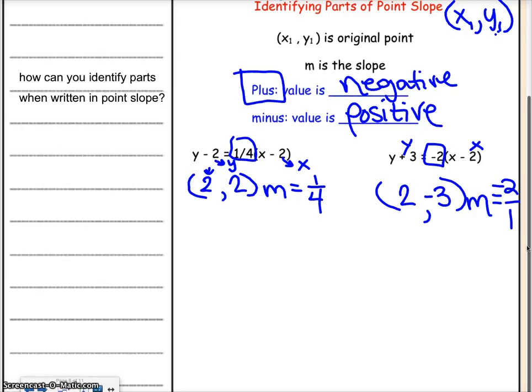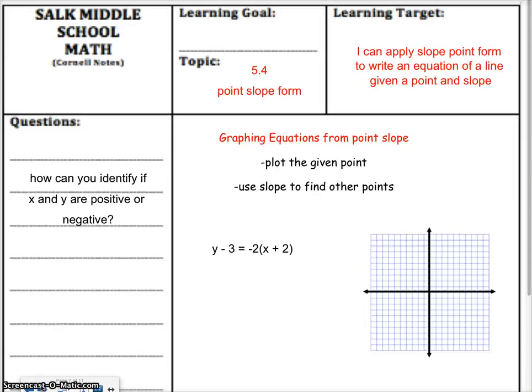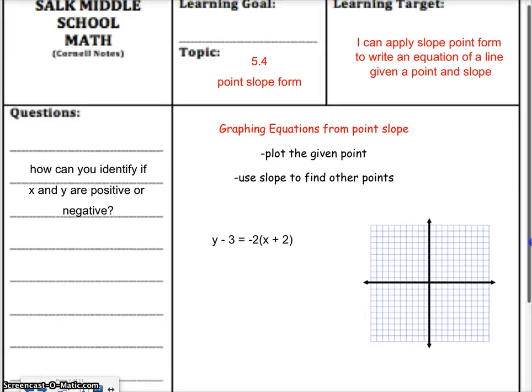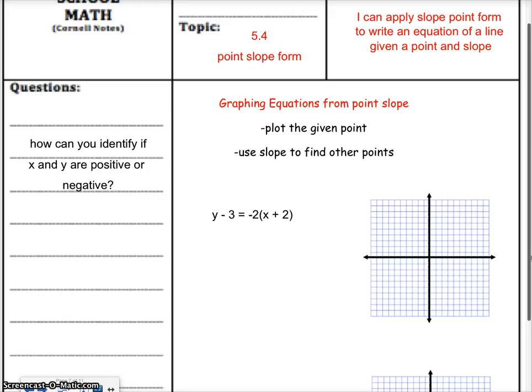You're going to have to graph today. Six problems you're going to have to graph. I'm going to have an equation in point slope form. You're going to have to pull the point out and use the slope to graph the line. Just like I said, graphing equations from point slope: plot the given point, use slope to find the others.